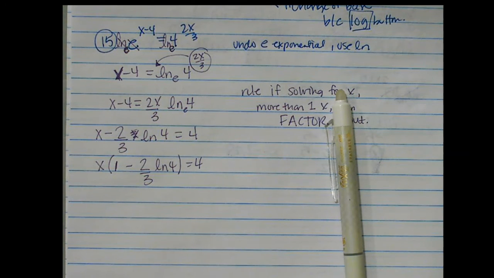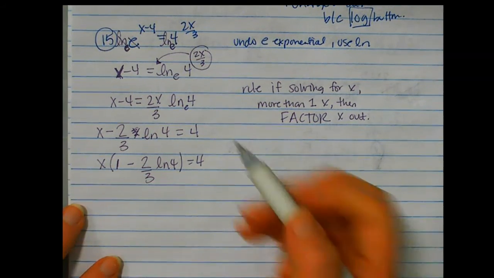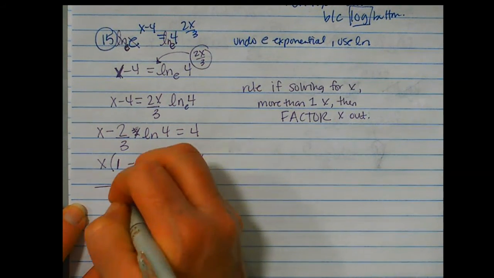So this one's more complicated to see. x is so close to being by itself, what's happening? Is something added to it, divided, multiplied? What's happening right now with the x? The parentheses means that we've got something multiplied by it, right? So in order to undo multiplication, we're going to divide by this whole thing.